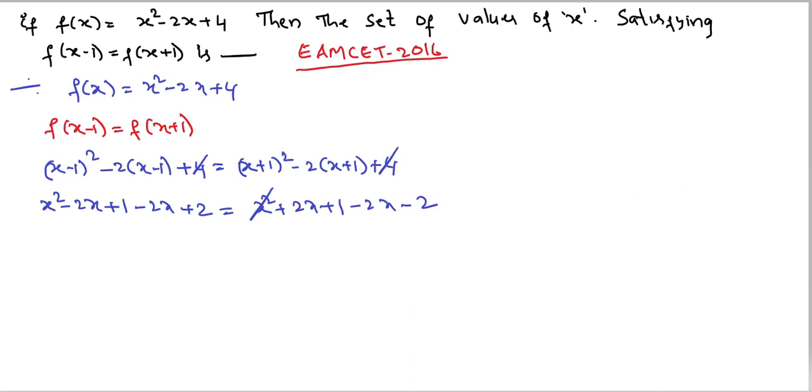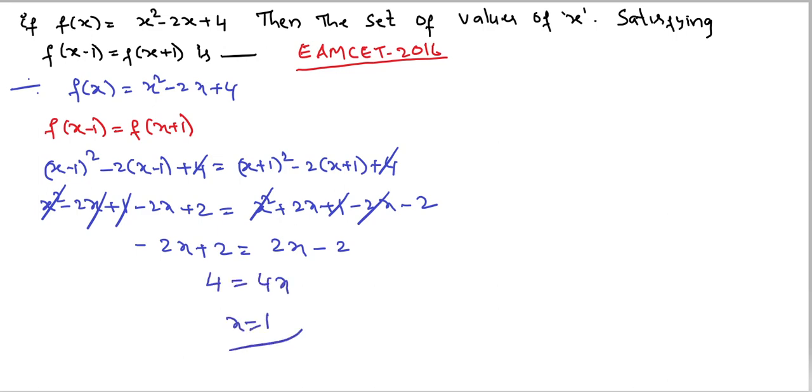Both sides x² cancels, −2x cancels, 1 cancels, leaving 2 = 2x, so x = 1. Therefore the set of values of x is {1}.